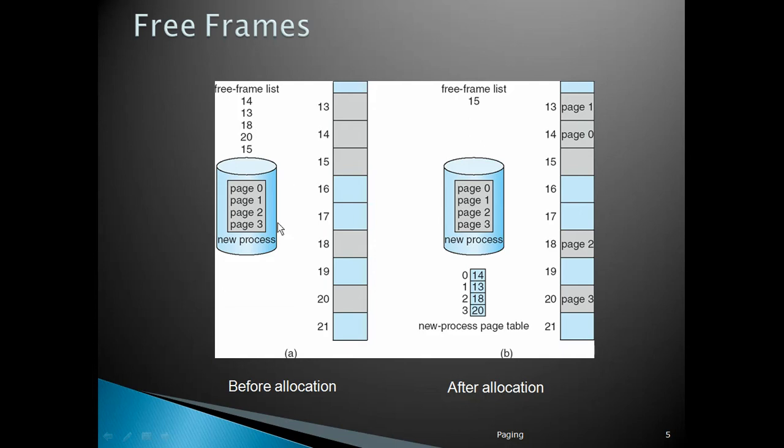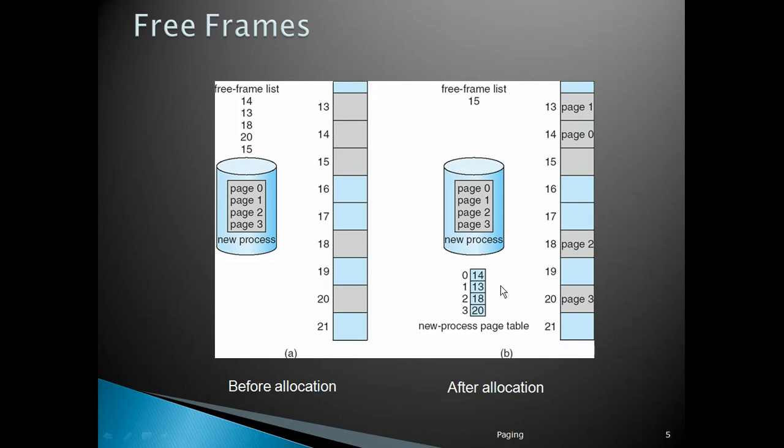This map is before allocation, and now after allocation, page 0 will be allocated to frame 14, page 1 is allocated to frame 13, in sequence with the free frame list. In sequence, the free frames are 14, 13, 18 and 20. So the pages will be allocated in the same sequence as 14, 13, 18 and 20.